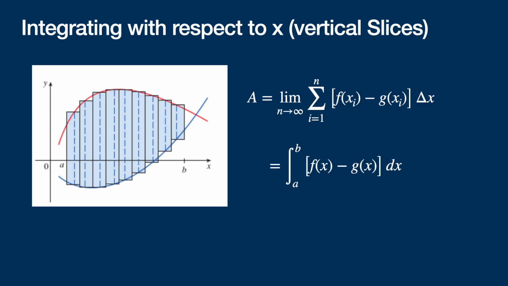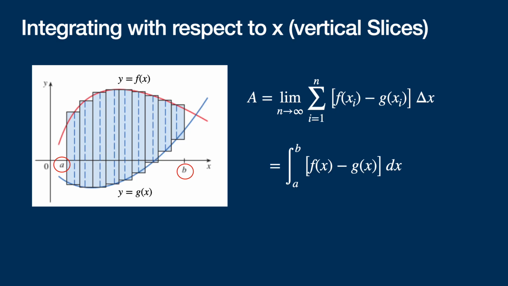So now we have to understand this area formula between the two curves. First you have to understand the interval of x we're going to integrate over. That's going to be a and b. Then we see top curve is f of x, bottom curve is g of x.